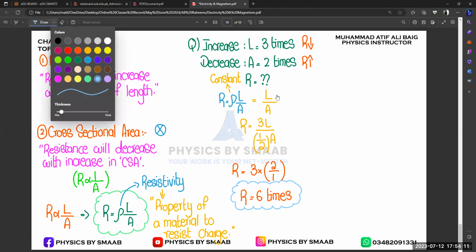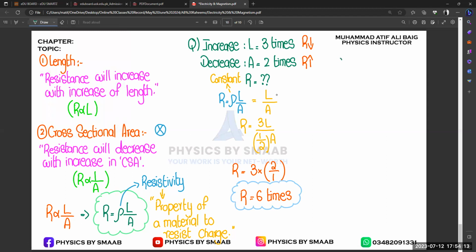let's suppose another question is like this. These are just conceptual questions. So now if we decrease the length this time, it will decrease, and the cross sectional area, it will increase this many times, right?